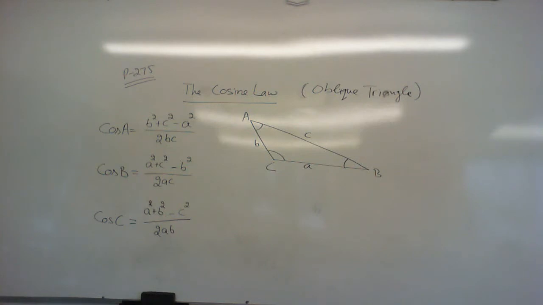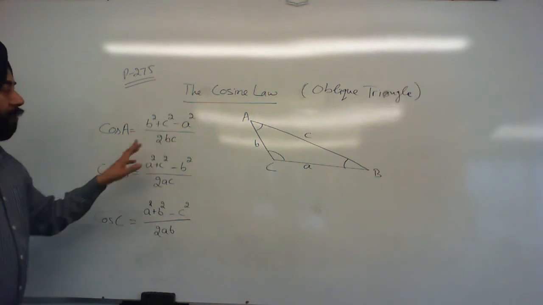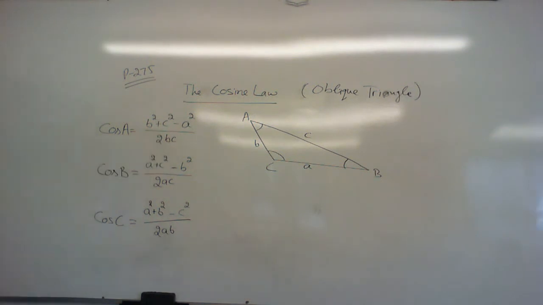And you can use this law again to find the angles, or you can use them to find the sides or whatever. There is another way to write this law. Let's do that also. You will have 6 different things to remember.